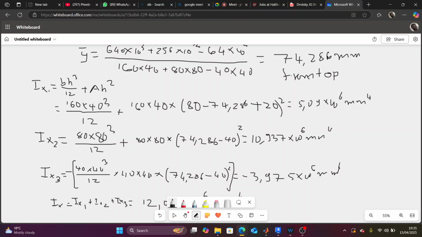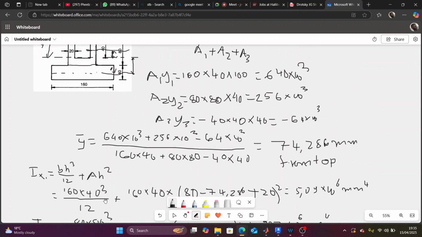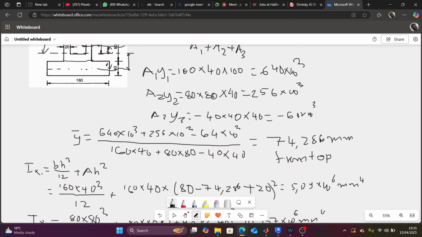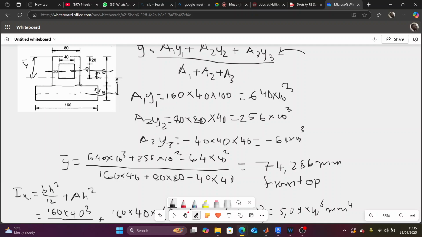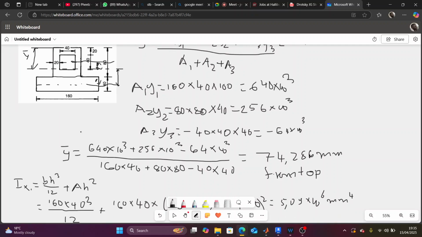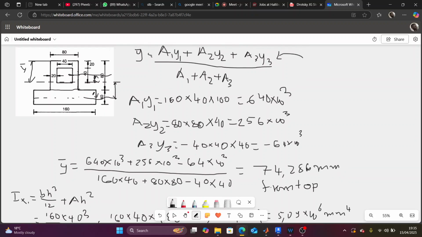160 by 40 cubed divided by 12. Now we want the distance from here to here. We know it is h minus y bar, h minus y bar plus 20.